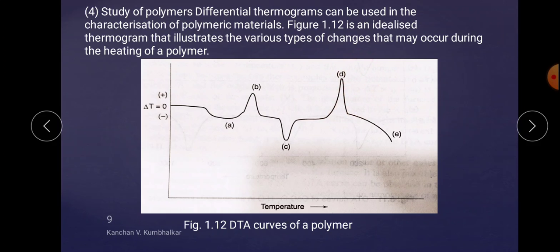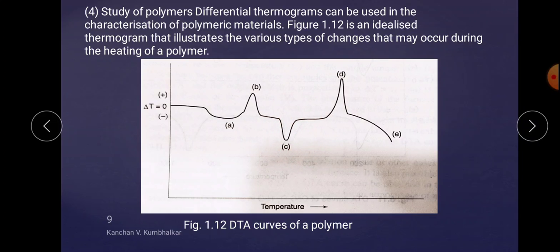There is one more, C, which is an endotherm. Why is it an endotherm? Because with respect to temperature the delta T is negative. In this case the endotherm corresponds to the melting of the polymer.